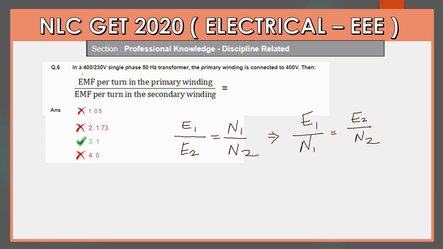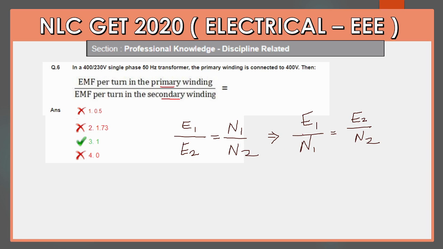Next question is, in a 400 by 230 single phase 50 Hz transformer, the primary winding is connected to 400 volt. Then it is asking EMF per turn in the primary divided by EMF per turn in the secondary. So we know that E1 by E2 equal to N1 by N2.